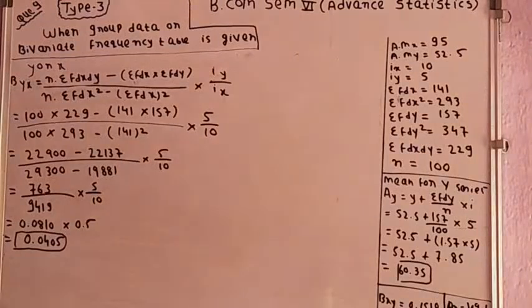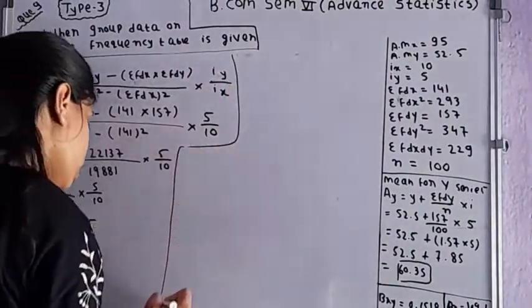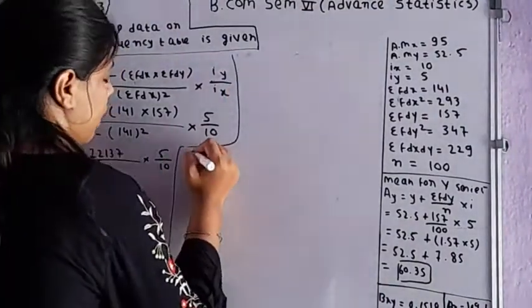Okay. Now we have to find the regression equation for y on x. For that we apply a formula. What is that formula?